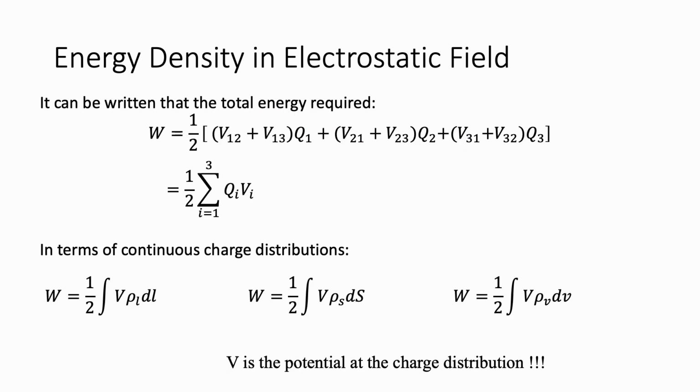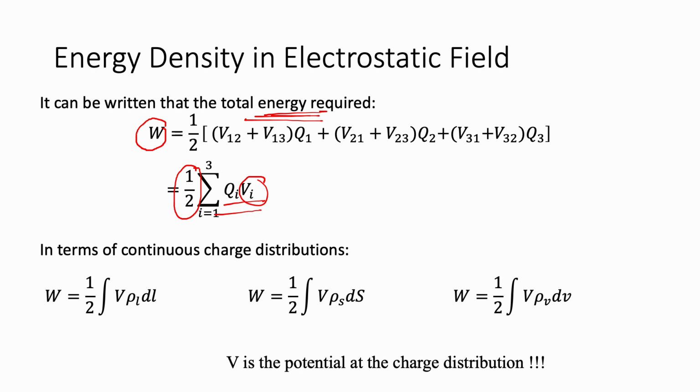Therefore, the total energy required to bring all of the charges into that particular system becomes W, which means the total work done or the energy required, equals 1/2 of the summation of the charges times their potentials.